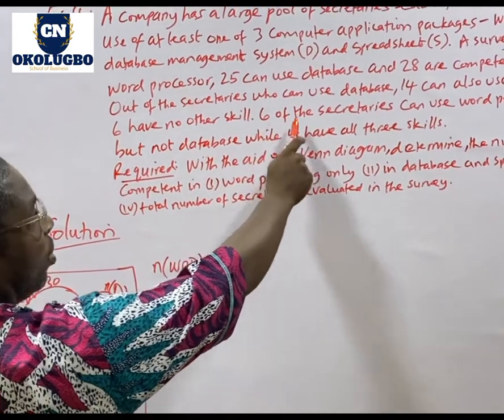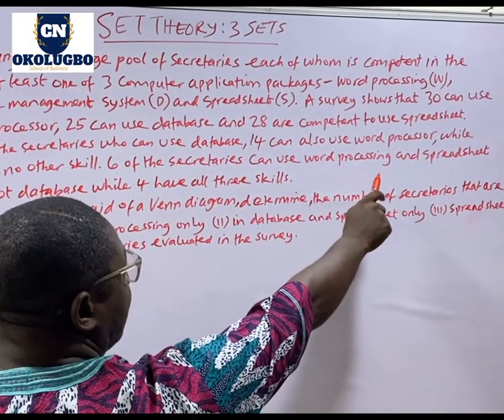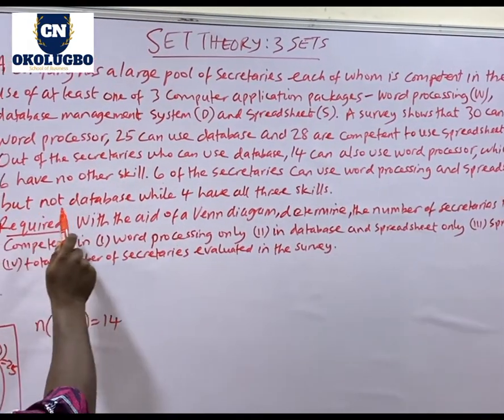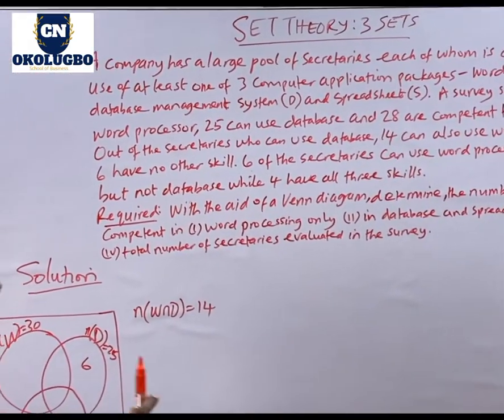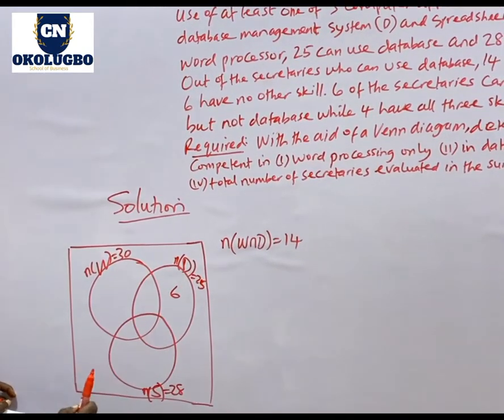Now, 6 of the secretaries can use word processing and spreadsheet, but not database. Where would that be?